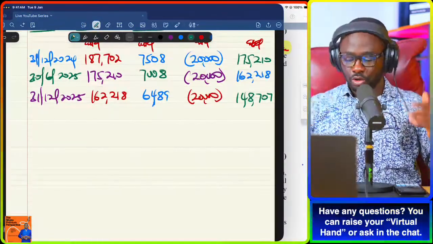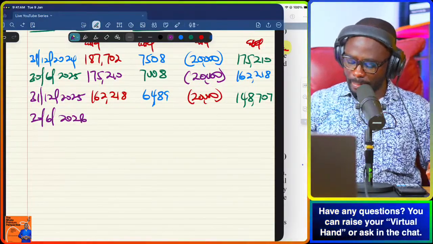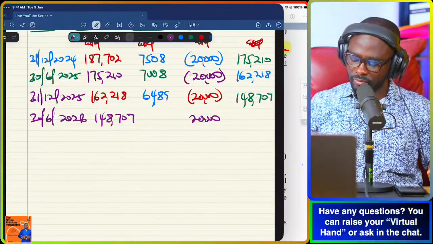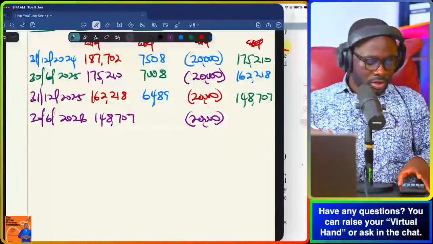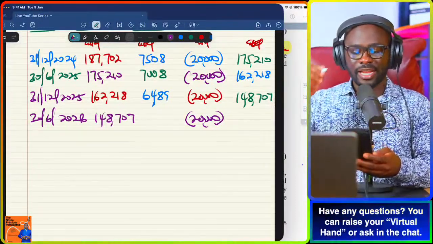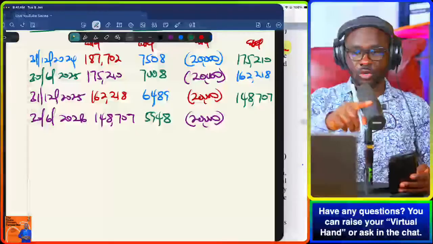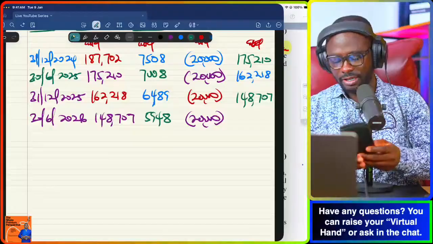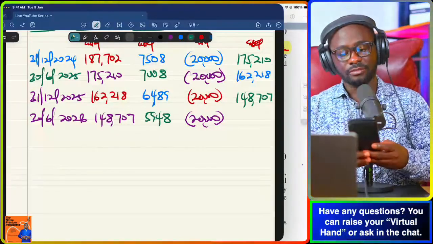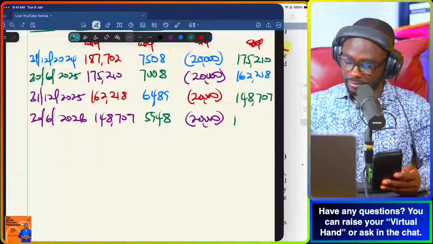So we will do 30th June 2026, 148,707. So 148,707 at 4% is 5,948. We get the arithmetics: 148,707 plus 5,948 minus 20,000, and that is 134,655.